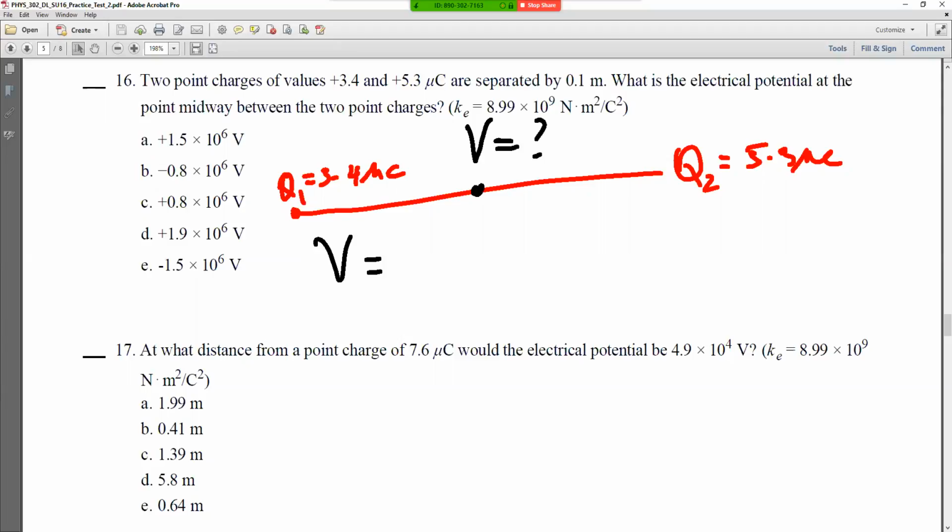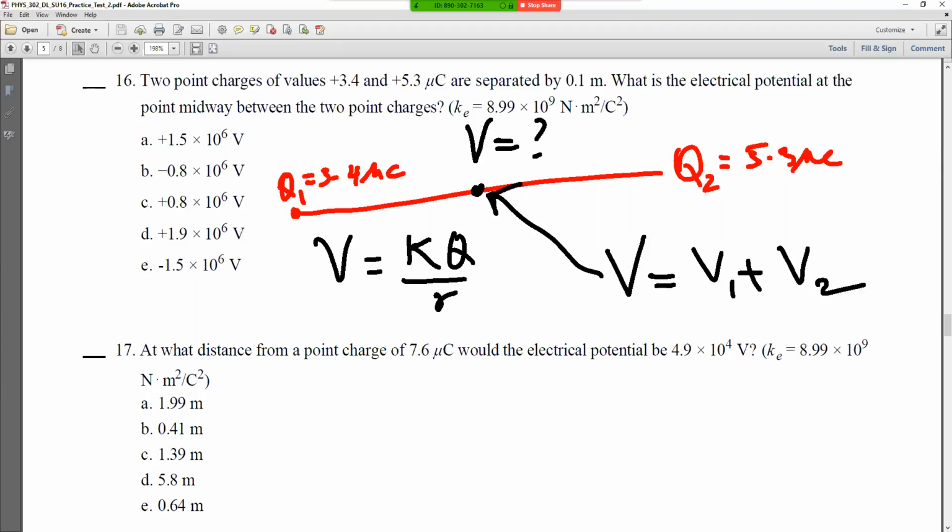Okay. So V is equal to K times Q over R. So if you have two charges, what do you do? Okay, you just find the V from each charge and add them up.